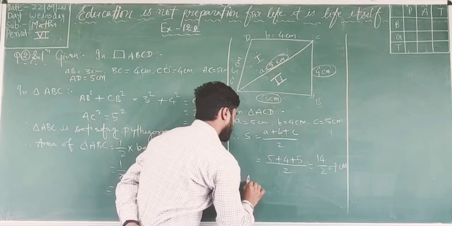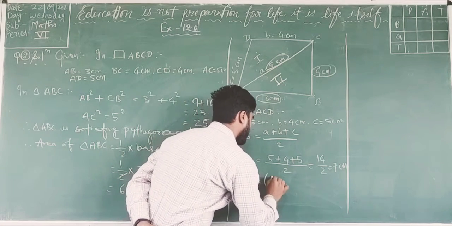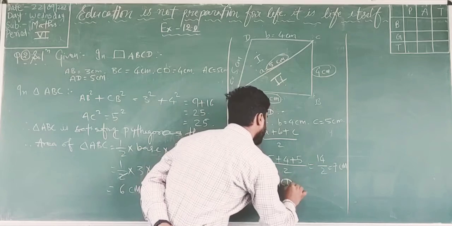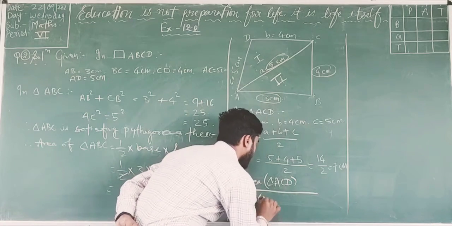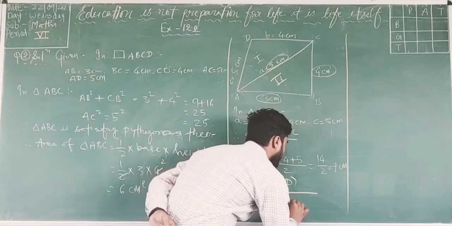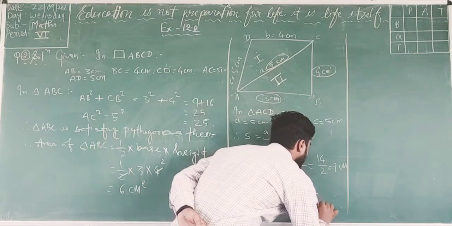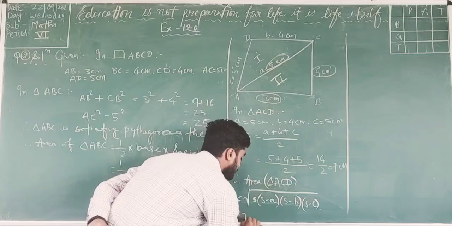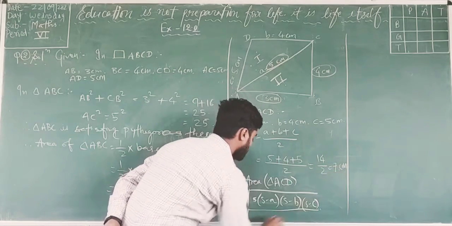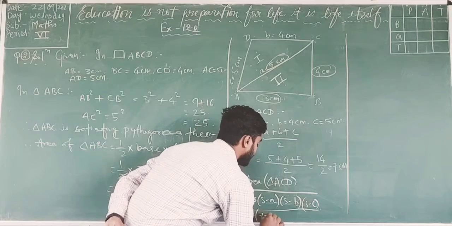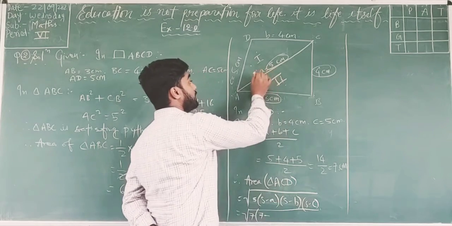Therefore, area of triangle ACD equal to, using Heron's formula, square root of S into S minus A, S minus B and last S minus C. Value of S is 7. Now 7 minus A, what is the value of A?